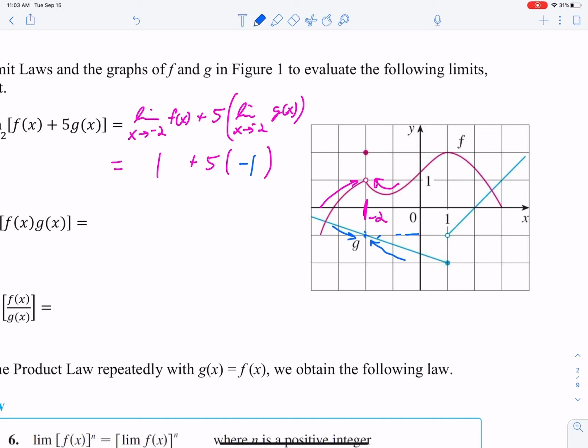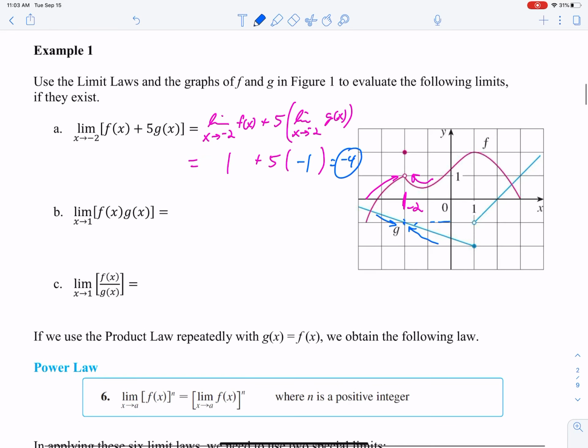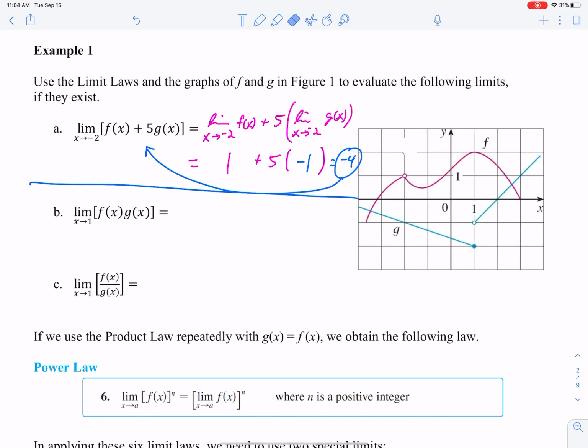Then we just put it all together. 1 plus 5 times -1, that's 1 minus 5, which is -4. So by the limit laws, the limit as x approaches -2 of f plus 5g is -4. All right, let's do part B. Clean this up.